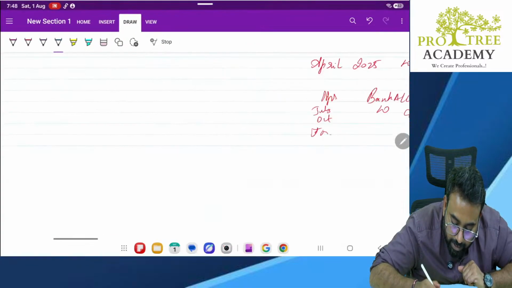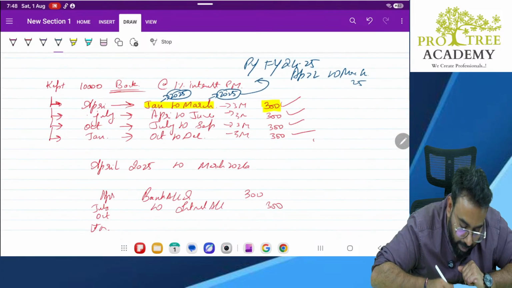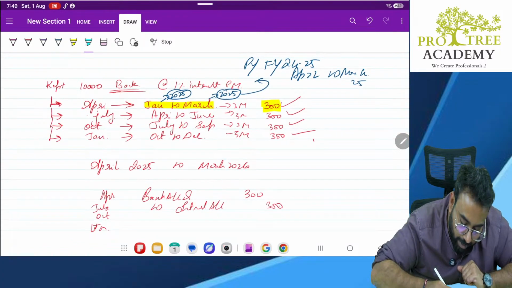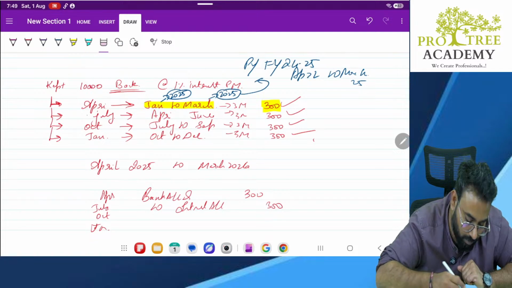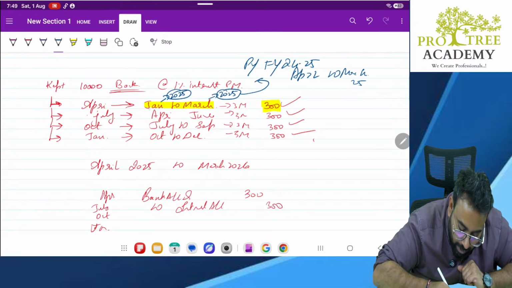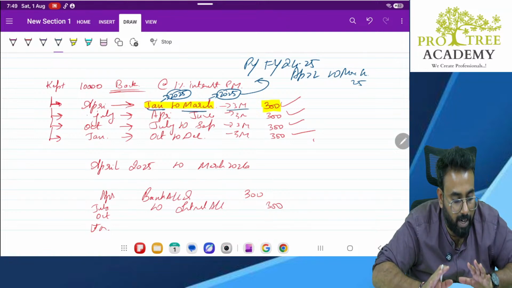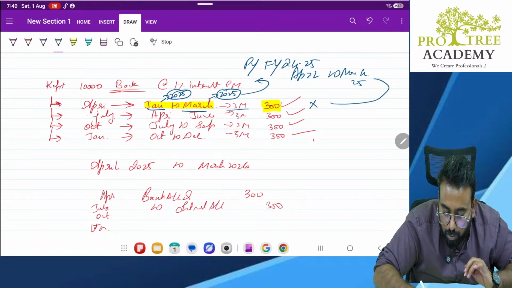Does this 300 belong to the current year? The answer is no. It belongs to the previous year.